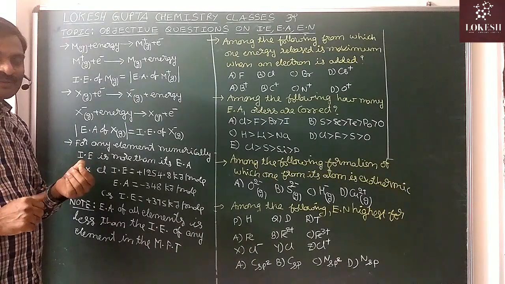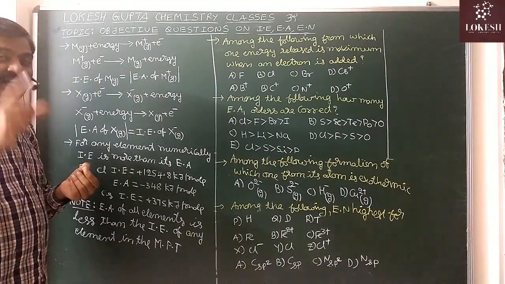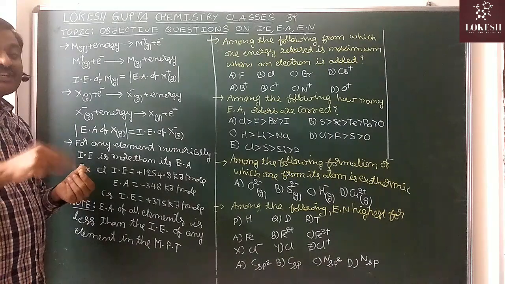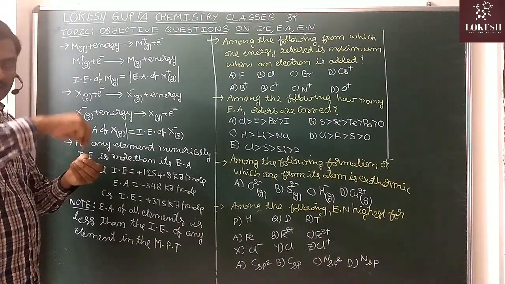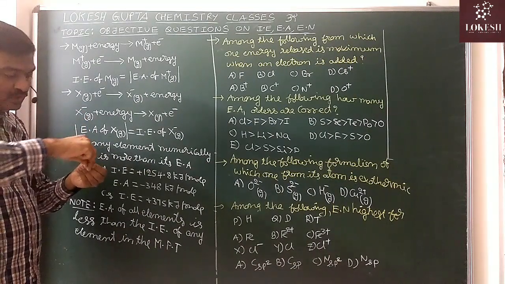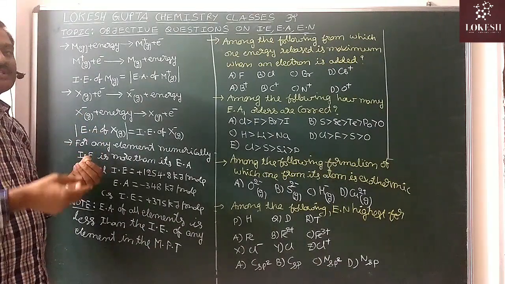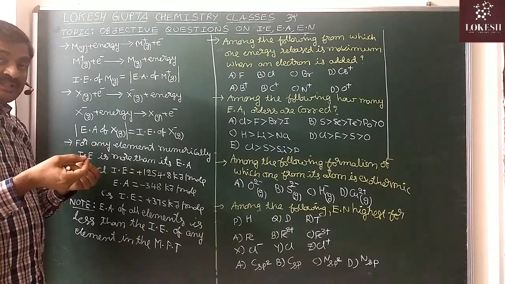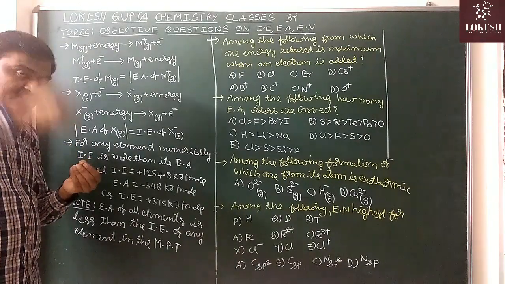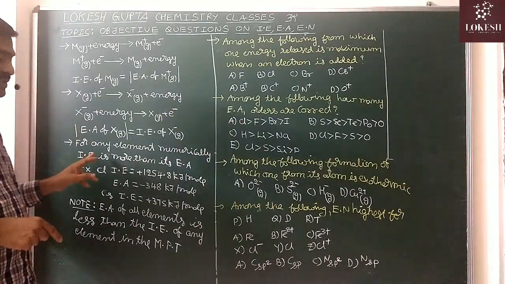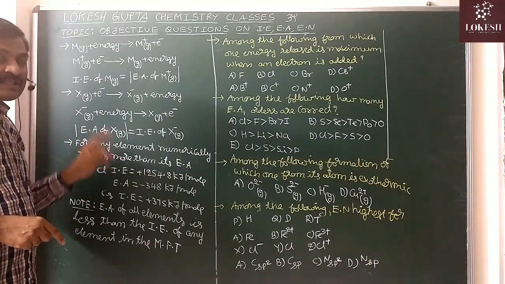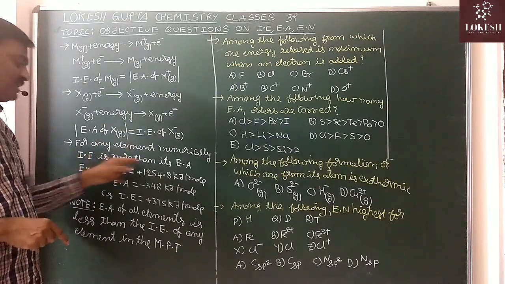Numerically, which value is more? For any element, ionization energy value is more than its electron affinity. From an isolated gaseous atom, removing one electron requires more energy than the energy released when an electron is added.